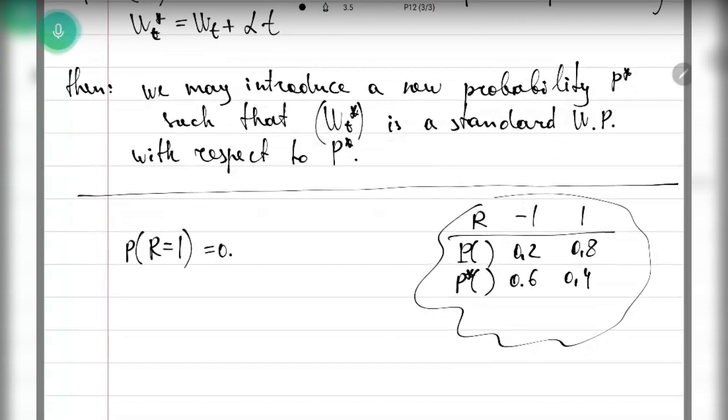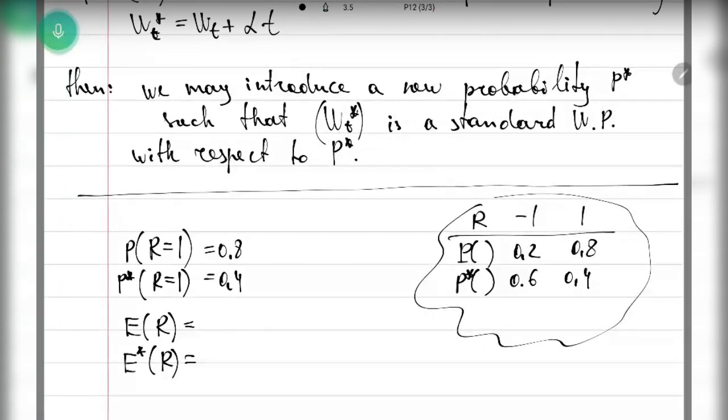It's 0.8. What is the probability star that R is equal to 1? That's 0.4. What is the expected value of R? You have two expected values now: the expected value calculated with respect to P, and the expected value calculated with respect to P star.